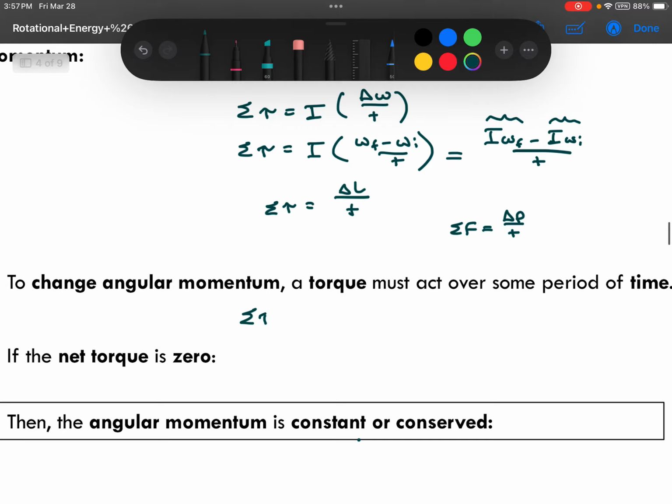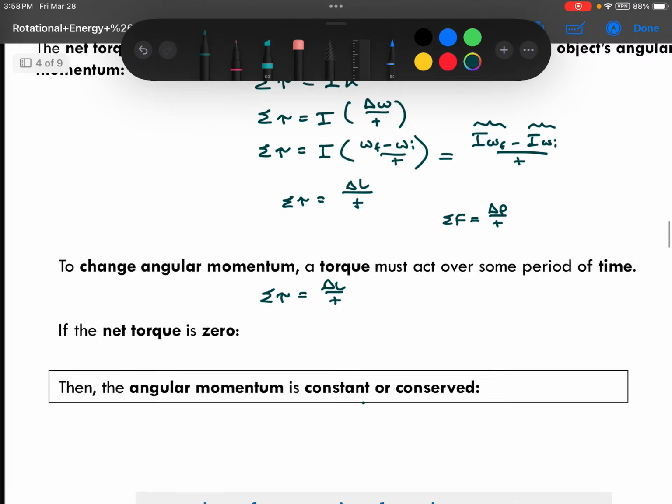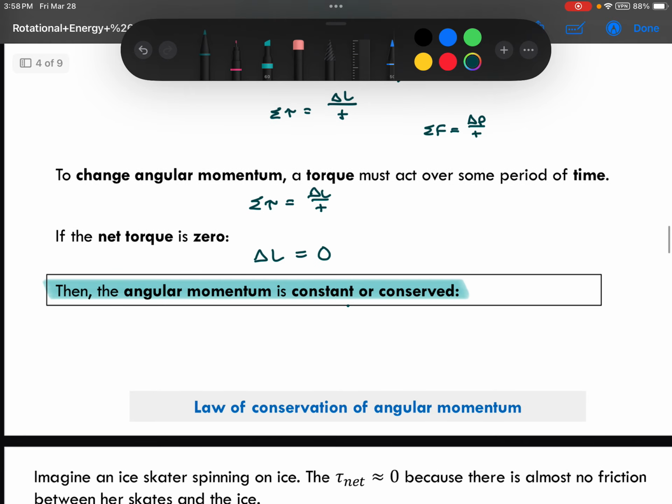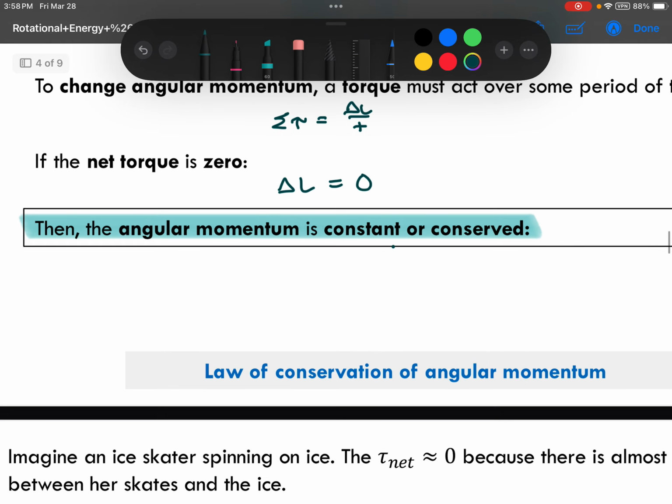Net torque equals delta L over T. And so if the net torque is 0, that means that delta L is 0, which means that the angular momentum is conserved. So if there are no external torques acting on the system, then the angular momentum is conserved. And of course, that's going to look very similar to how it does for linear momentum.